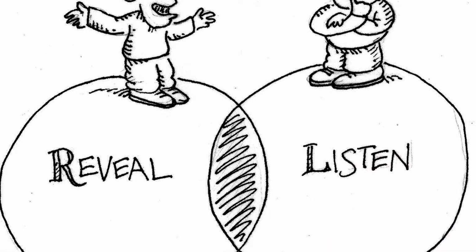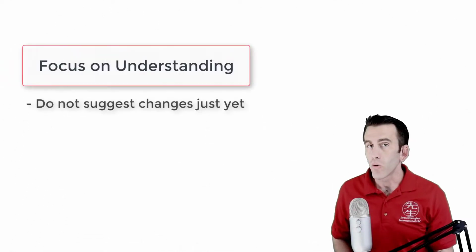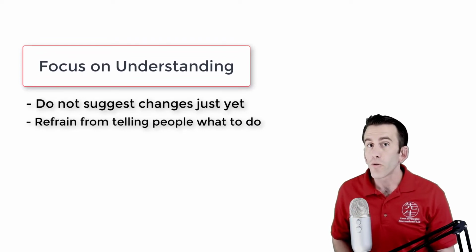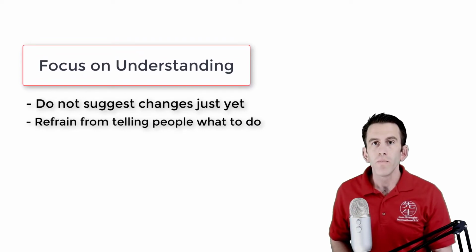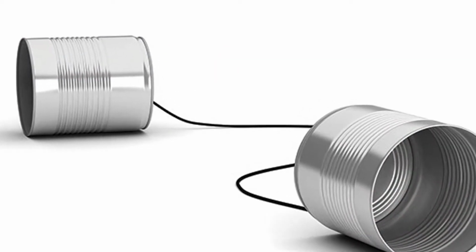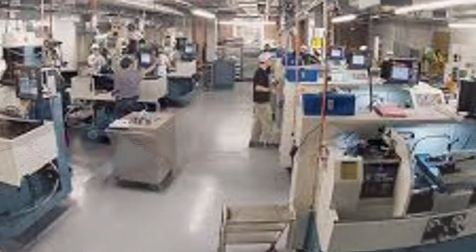Keep in mind that at this stage of the Gemba methodology, your only focus is to gain a clear understanding of the process. Do not suggest changes or tell people what they should be doing during this first part of your Gemba walk. This means you must listen with your ears, see with your eyes, and feel with your senses.